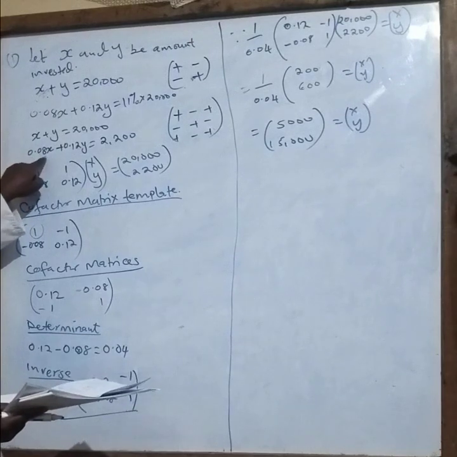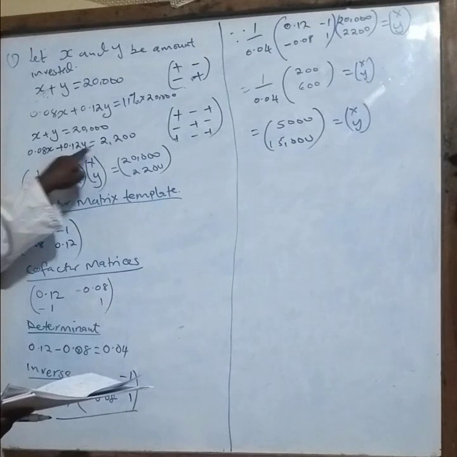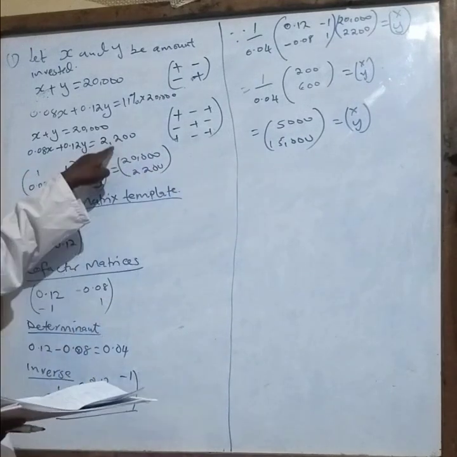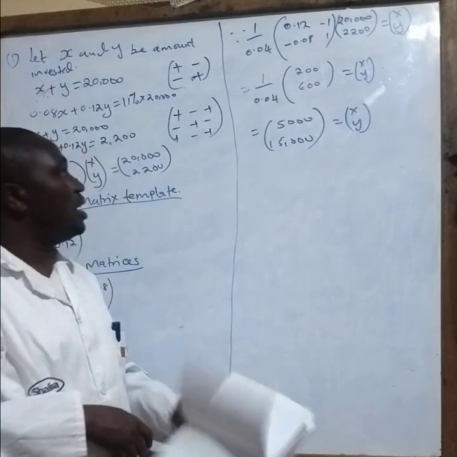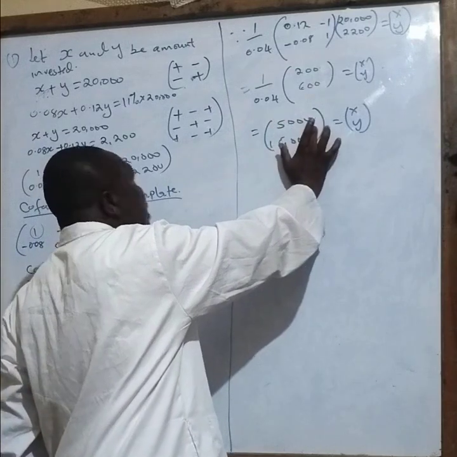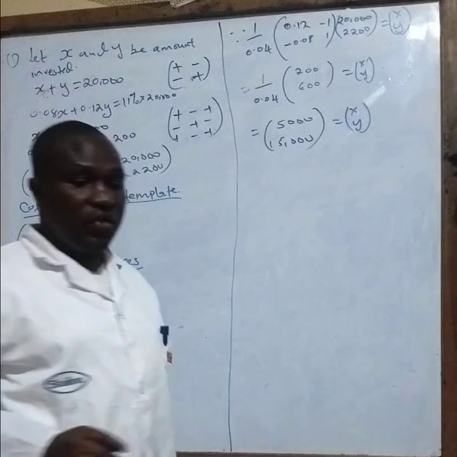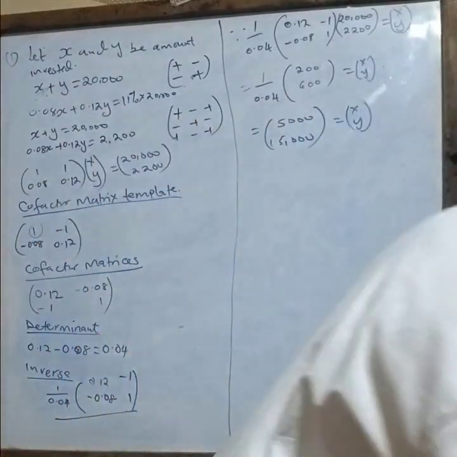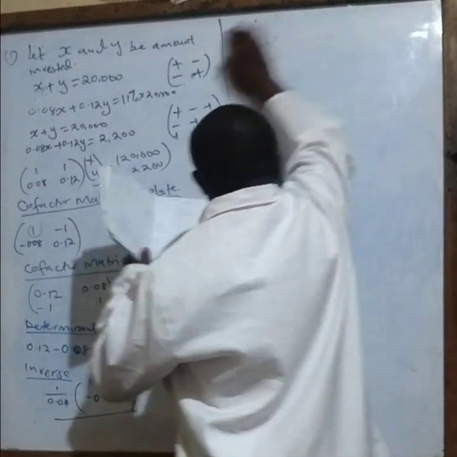Then 0.08 times x, 5000, plus 0.12 times 15,000, your answer is 2200. So therefore it means our correct answer, the values for x and y, is you invest 5,000 at the rate of 8%, then invest 15,000 at the rate of 12%. That is example 1. We go to example 2.